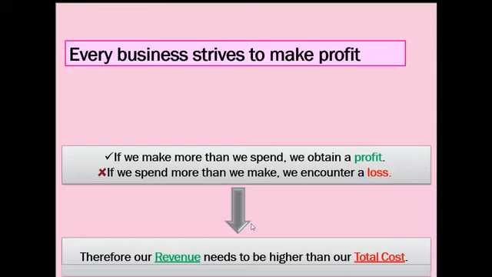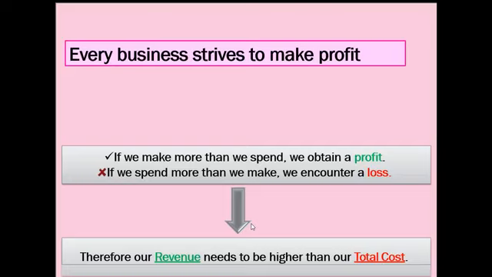But if we spend more than we make, then we encounter a loss. In other words, we have produced 10 vehicles at the rate of $2 million, but we have only sold them at the rate of $1.8 million. You need to ask yourself, are we making profit or loss?